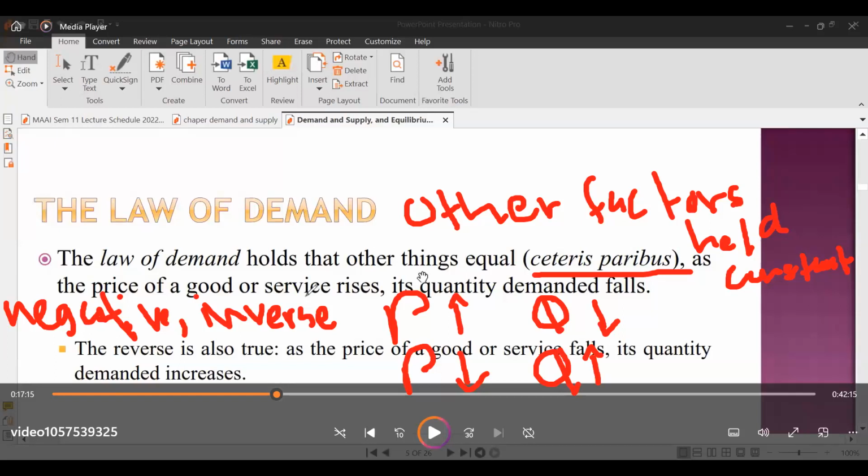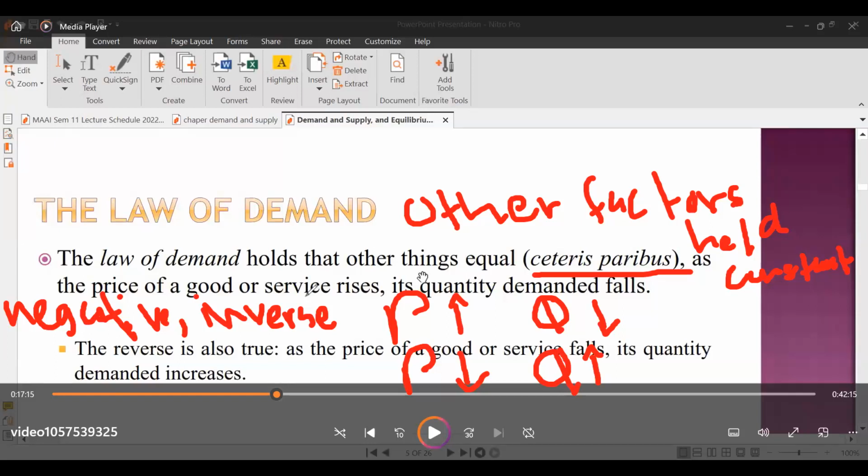When there is a price change, what will happen to quantity? That is examined by the law of demand. When other factors are held constant, or ceteris paribus, it is the relationship between the price of the commodity and the demand.